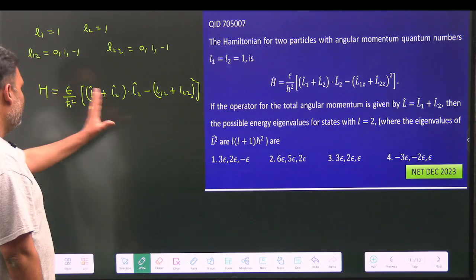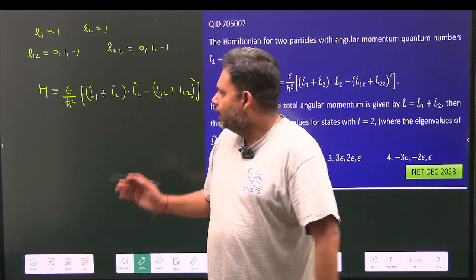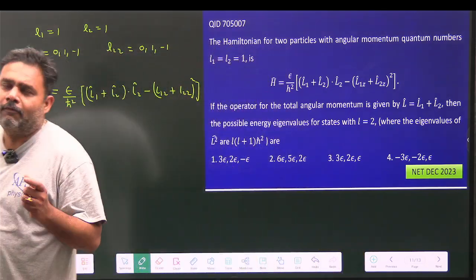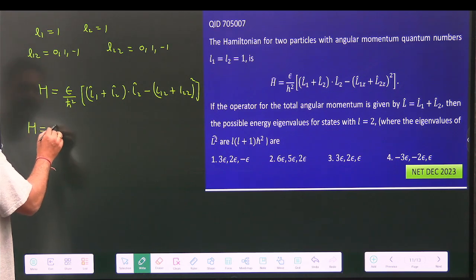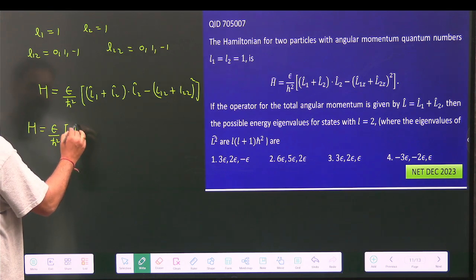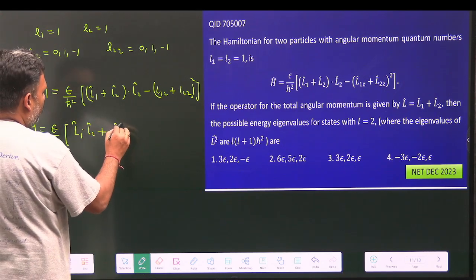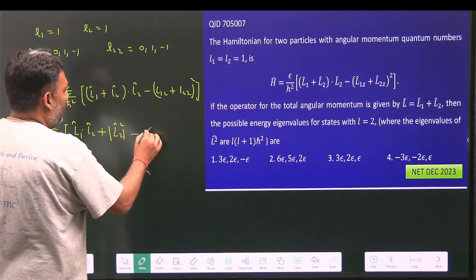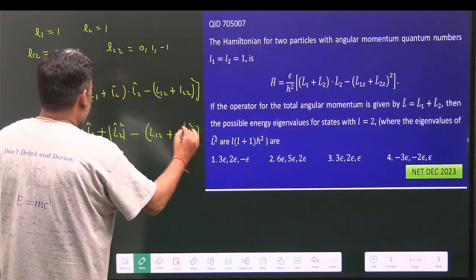Now we can first simplify this Hamiltonian such that we can calculate it. The real problem is what? L1 dot L2, and we know how we can write L1 dot L2 in terms of L. So this Hamiltonian can be written as epsilon upon h cut square, (L1 dot L2 plus L2 mod square), that is L2 dot L2 actually, minus (L1Z plus L2Z) whole square.